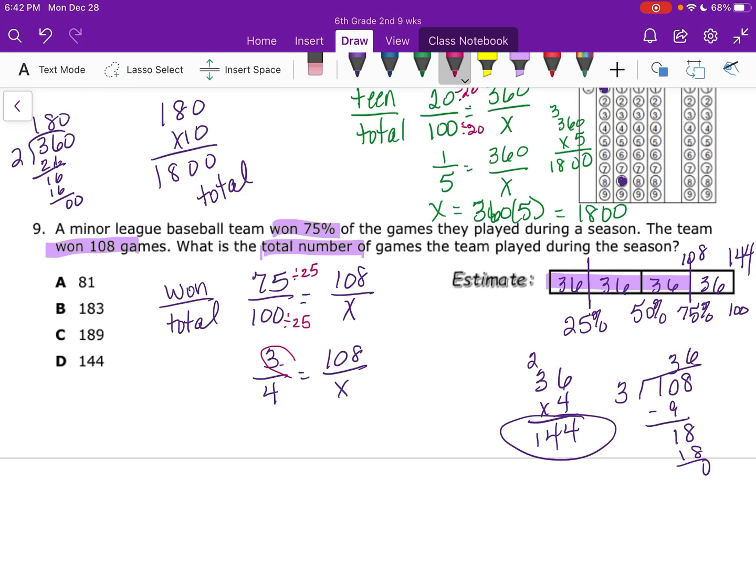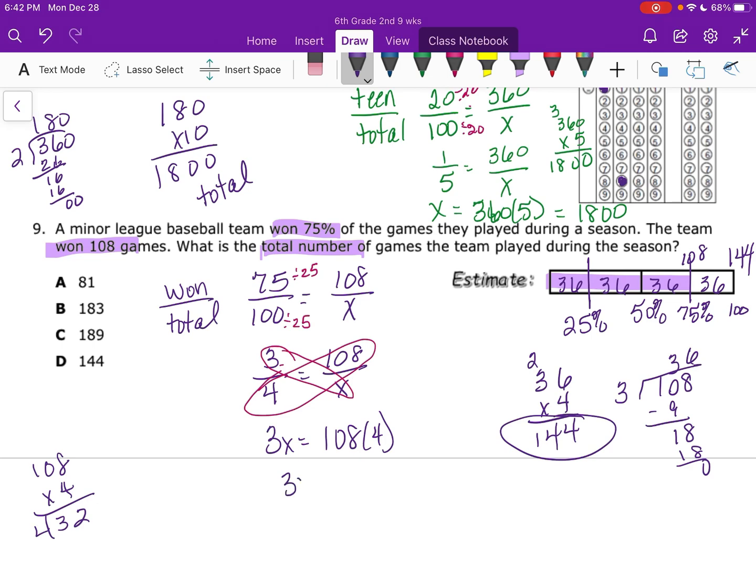Cross multiply. So 3x equals 108 times 4. 108 times 4 is 432. 3 times what gives me 432? I don't know, so I'm going to divide.